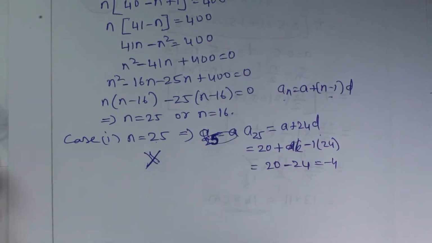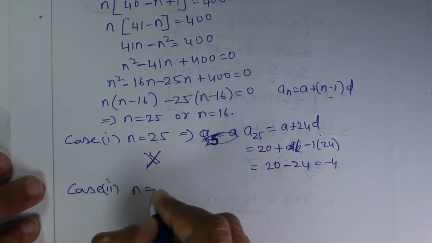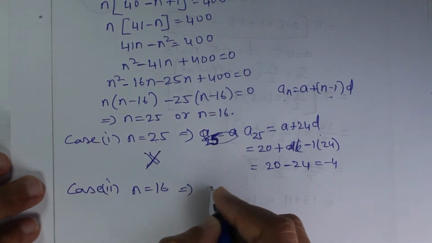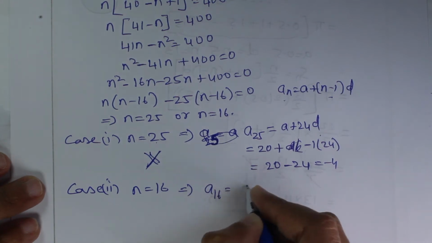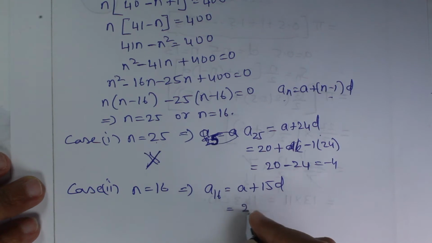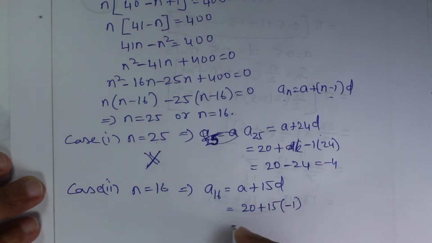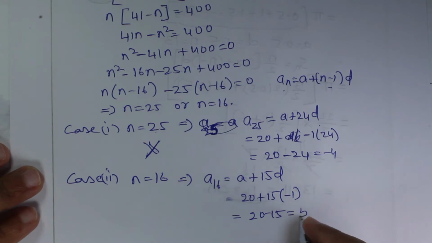So let's consider the second case, case 2, n is equal to 16. That implies a16 is equal to a plus 15d, that is equal to 20 plus 15 into minus 1, that is equal to 20 minus 15, that is equal to 5.